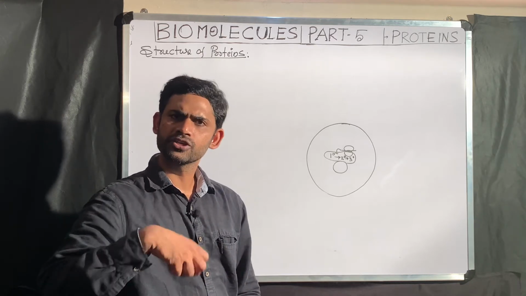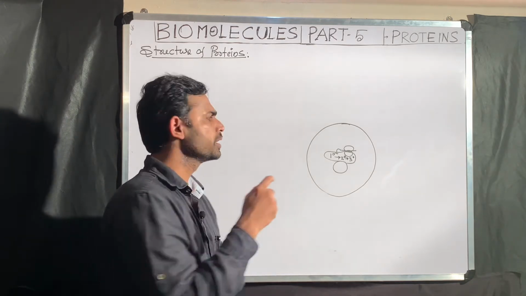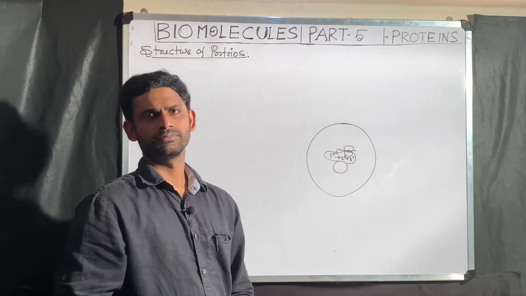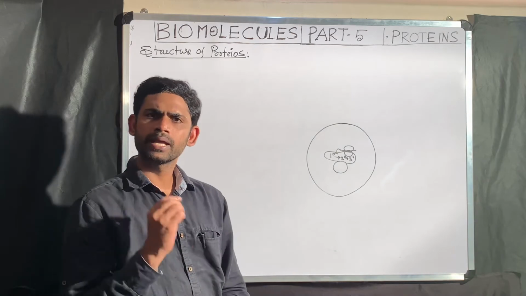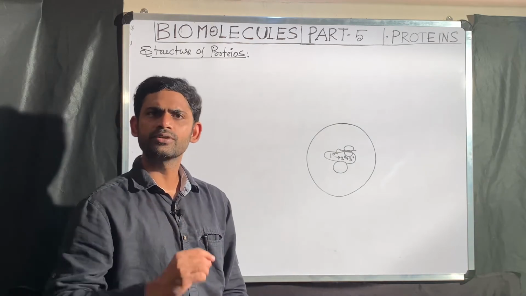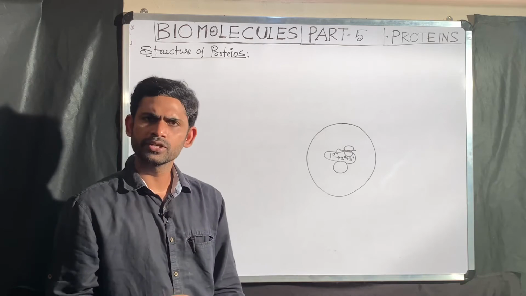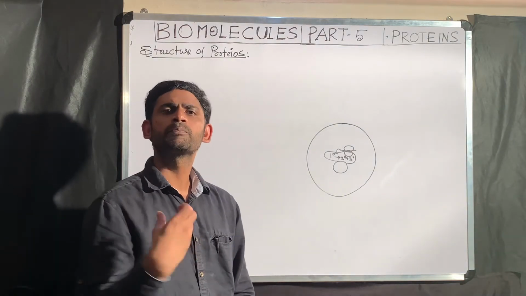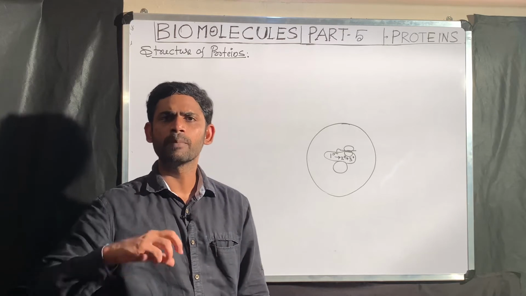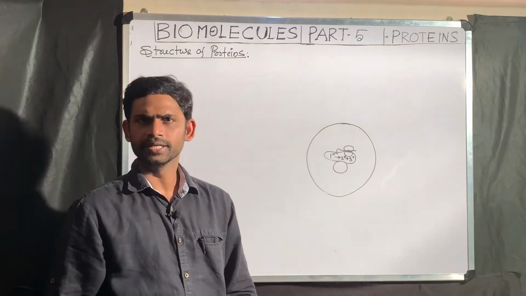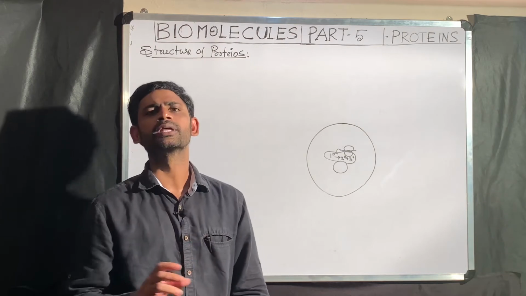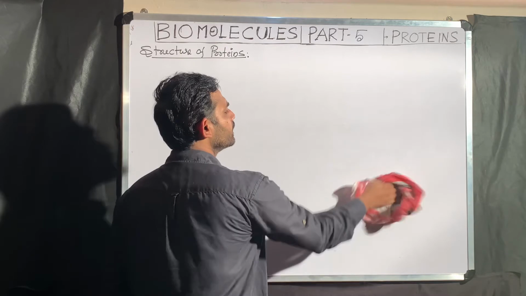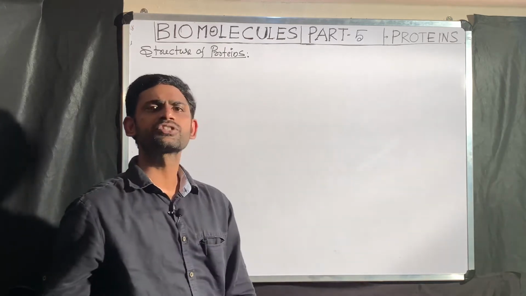When I say tertiary structure is the functional form, primary and secondary structures are not functional forms. That is why once the primary structure is formed as a result of its synthesis, it must convert into tertiary structure to obtain stability or functionality. This concept you need to remember. Now I am going to explain different levels of protein structure.